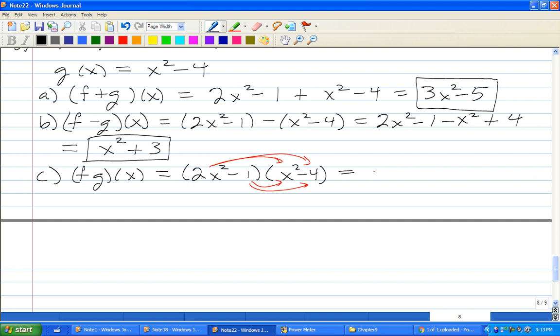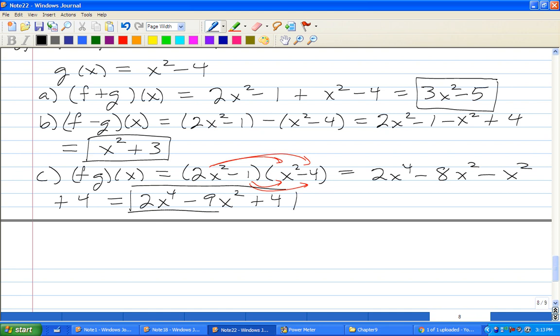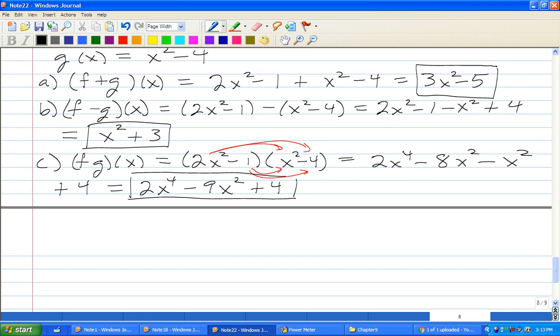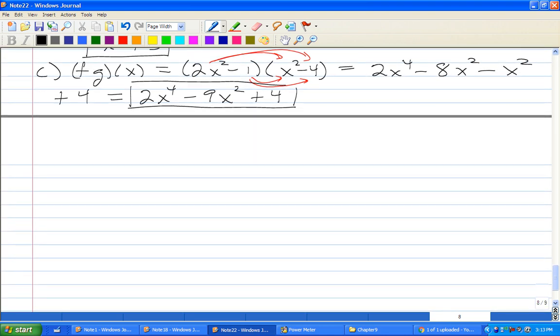And so 2x to the 4th minus 8x squared minus x squared plus 4. And so I get 2x to the 4th minus 9x squared plus 4. Combine like terms, since negative x squared minus x squared is minus 9x squared.